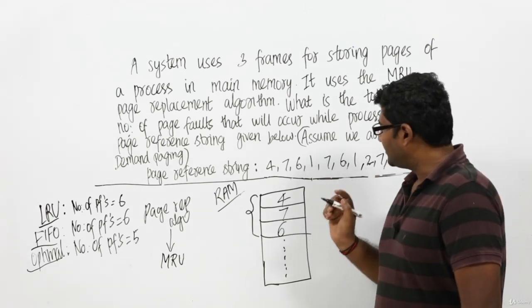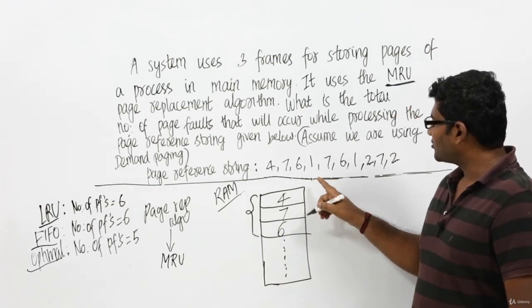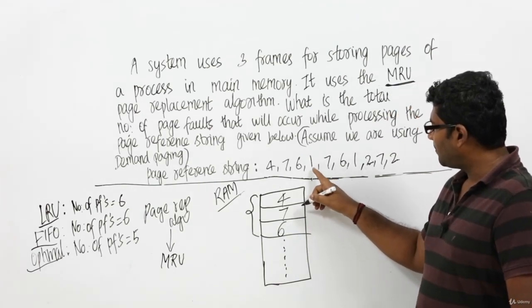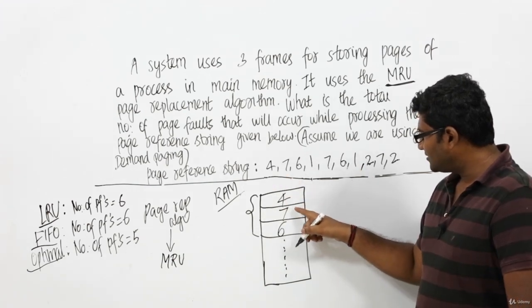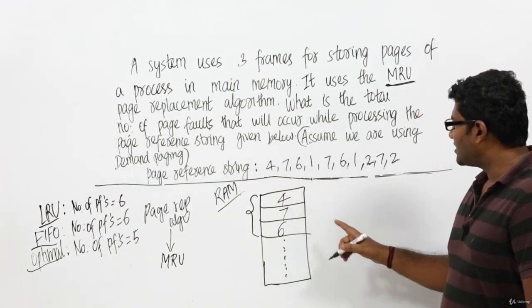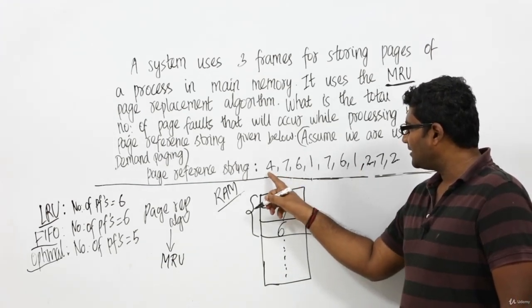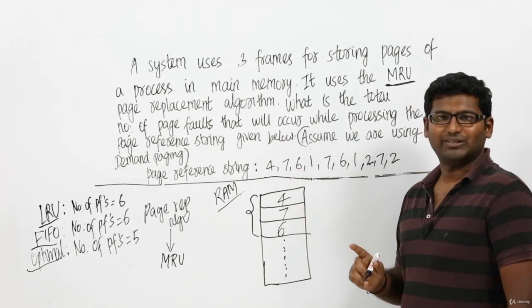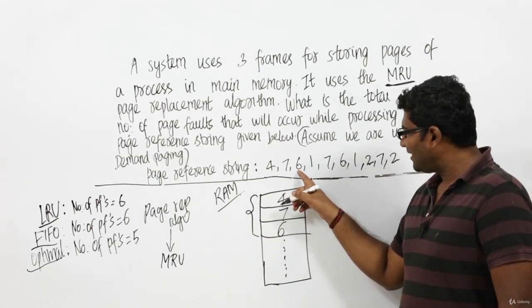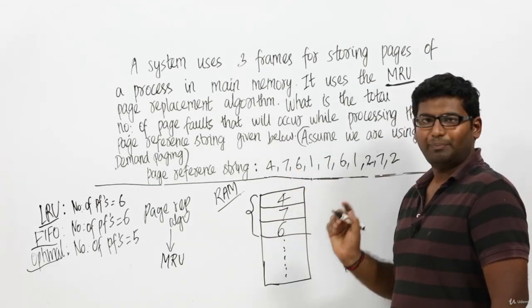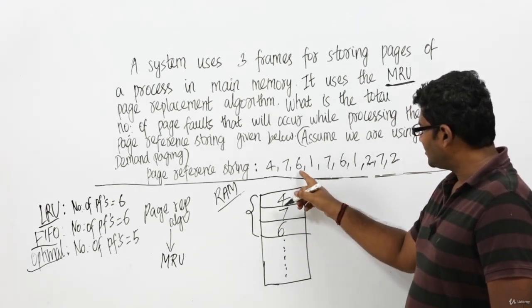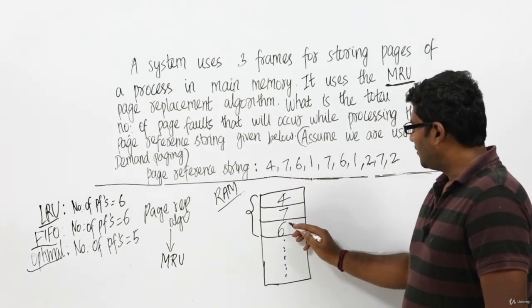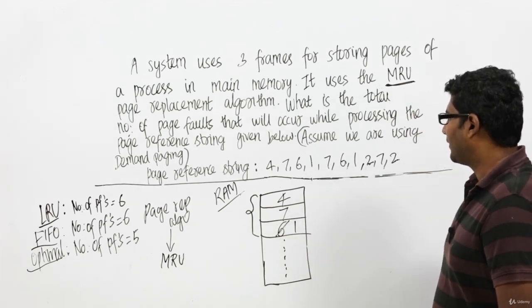See this, when we are trying to place this page in the RAM, out of these three pages, the page which has been referred most recently by the CPU is nothing but page number 6. So by this rule, we will replace this page. We replace it with page number 1.